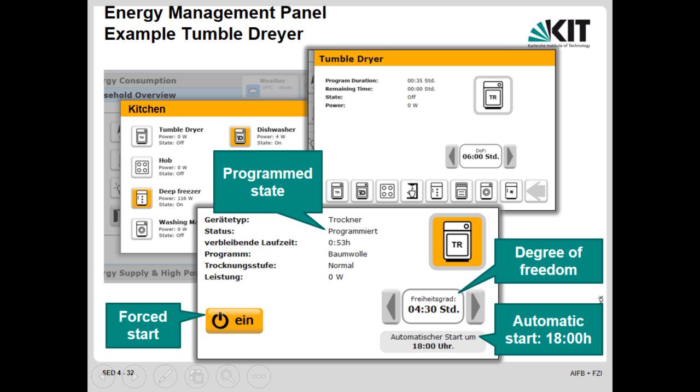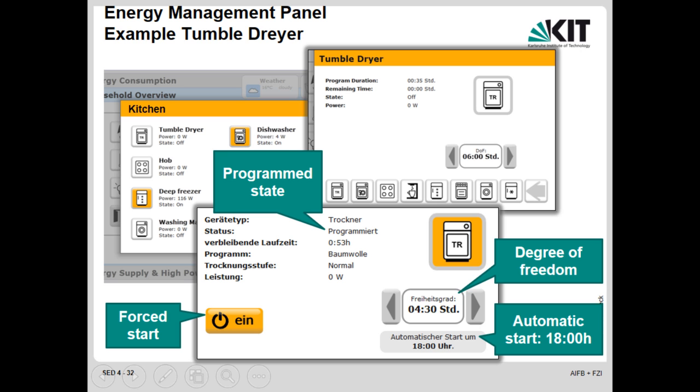And now the system knows what the profile for that period of time will be: external prices, typical load profile for that time period, and what is the best possible time for running that tumble dryer. And this is communicated to the user using that area there.